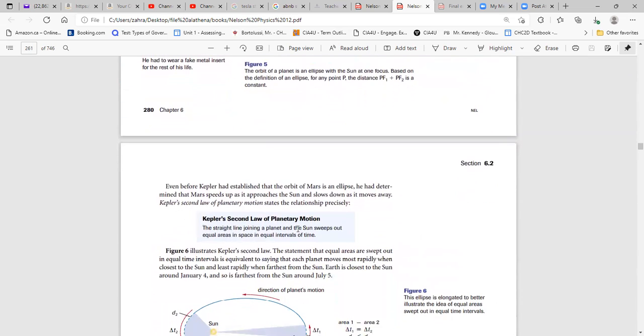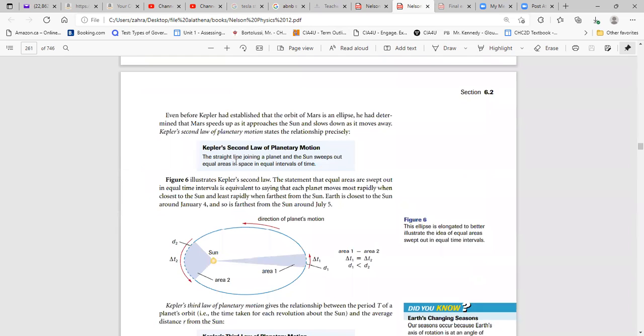Kepler's second law of planetary motion says a straight line joining the planet and the sun sweeps out equal areas in equal intervals of time. Look at this. Let's say the planet is here, and after a time delta t it is there, right? This area and the area here are swept in an amount of time delta t. If this delta t and this delta t are the same, it means area 1 and area 2 are the same.